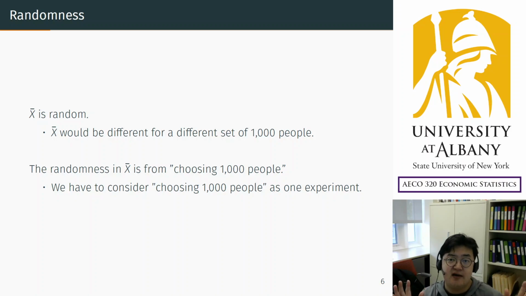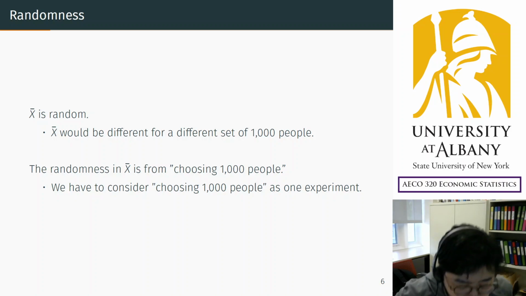That is exactly 10 repetitions of this survey. Of course, different research centers may get different averages, because they are random and independent. So literally, the X bar is random.